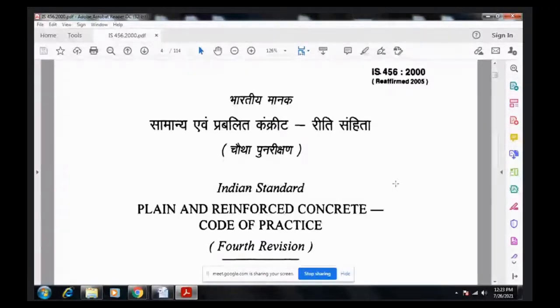If it is a mild steel, what is the yield stress? What is the percentage of elongation? For high strength deform bars, what is the proof stress? Is it 0.2% proof stress, 0.4% proof stress? And all this detail, you have to provide them this data.